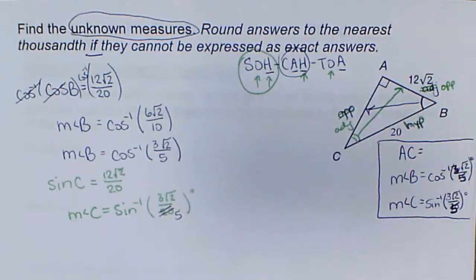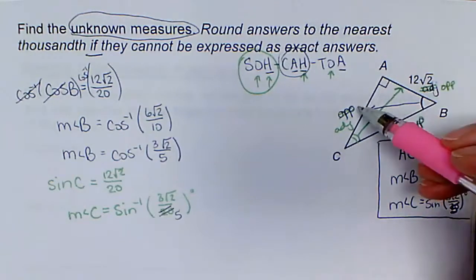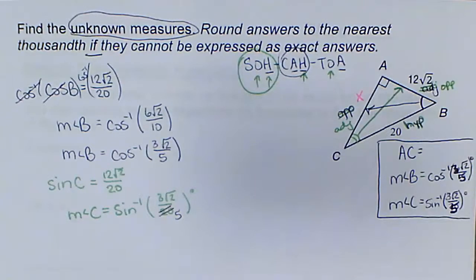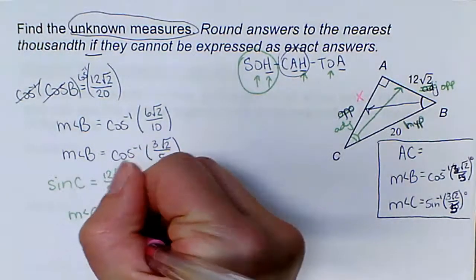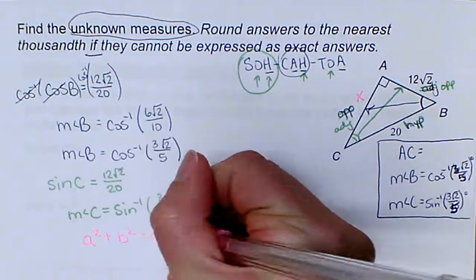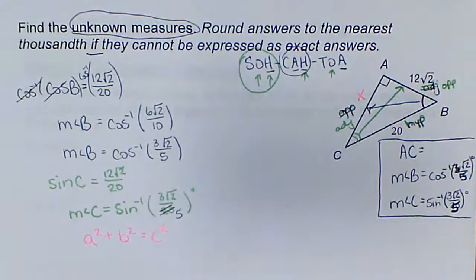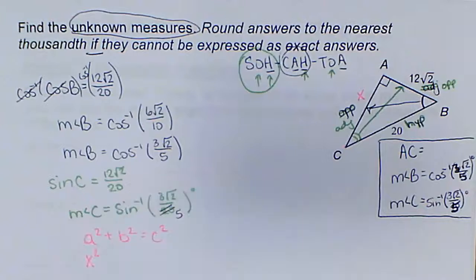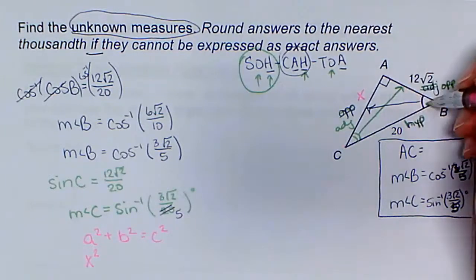Okay. Now, last thing we have to find is the side length AC. So if I have 2 side lengths and a missing side length, I'm going to use the Pythagorean theorem to calculate that. So I have a squared plus b squared equals c squared. One of the legs is x. The other leg is 12 square roots of 2.